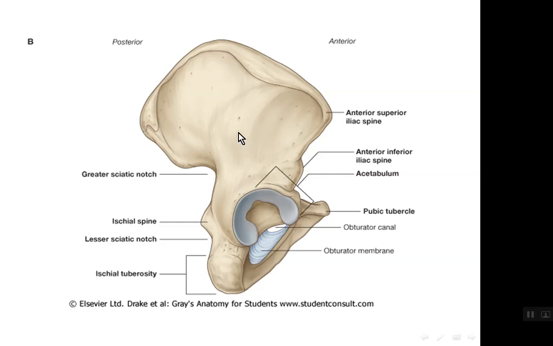Between these 3 portions, the iliac part, pubic part and ischial part, in the external aspect of the hip bone, we have a cavity. We name this cavity the acetabulum. The acetabulum is made from 2 parts.